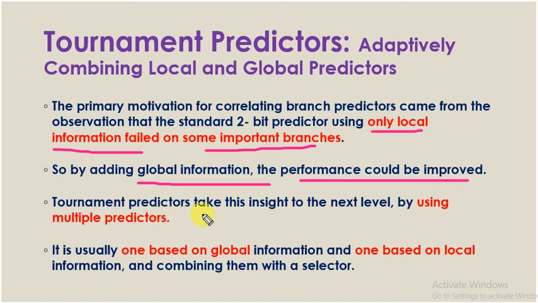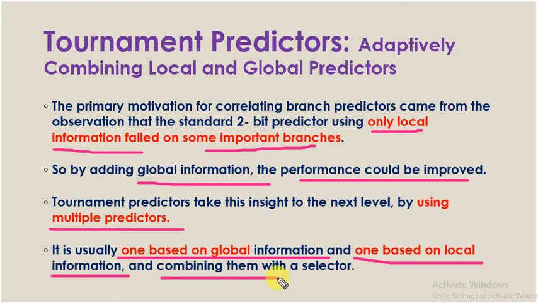Tournament predictors take this insight to the next level by using multiple predictors: one based on local information, and the other based on global information, combined with a selector to predict the behavior of a given branch.